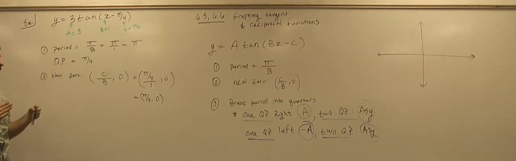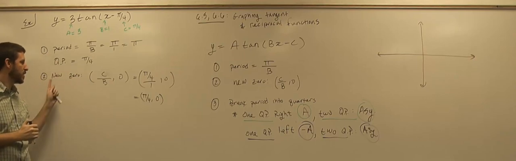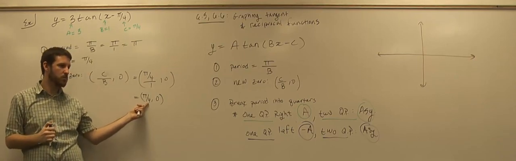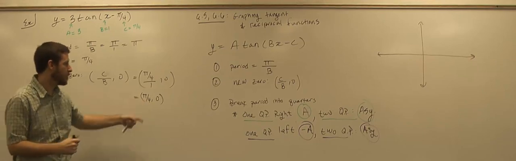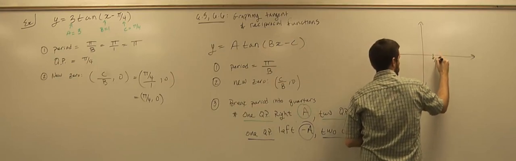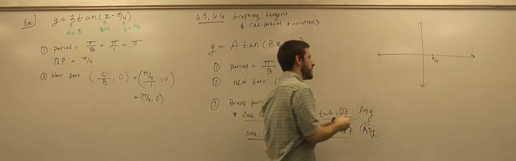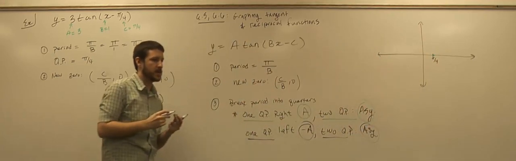So the way tangent graphs, it expands from the middle. So this new 0 is actually the middle of your tangent graph. So what I'm going to do is go ahead and put pi over 4 on my graph. Right, that's my new 0. That's where tangent is going to hit the x-axis right there. And it's going to be a snake.